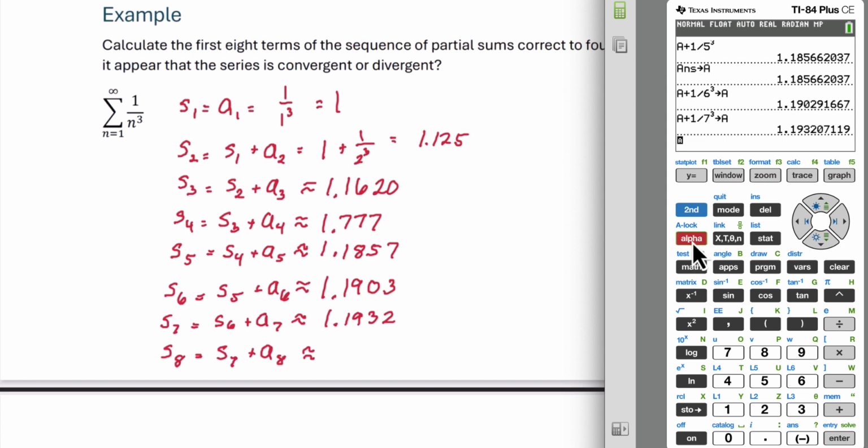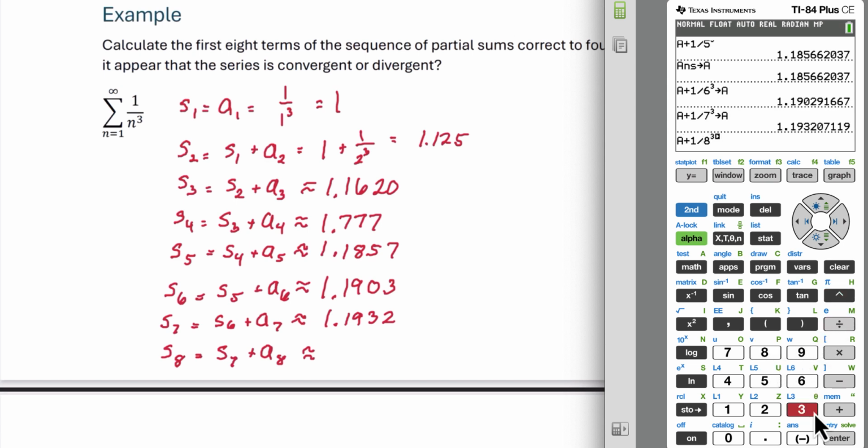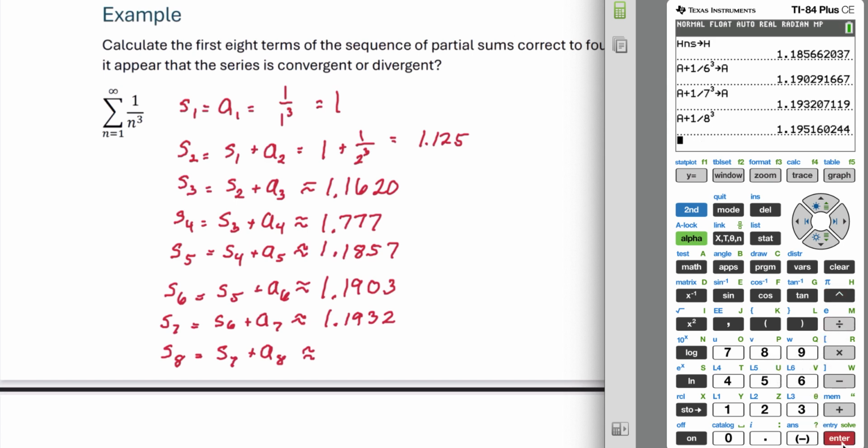We'll take the previous sum in A and add 1 divided by 8 cubed. And here we get 1.1952. So looking at these numbers, the partial sums, it looks like they are eventually converging to a value.